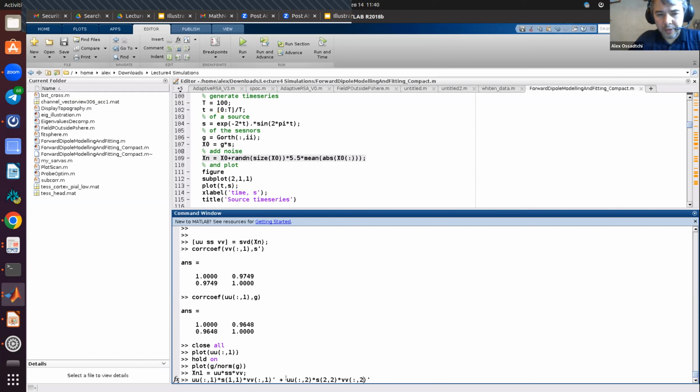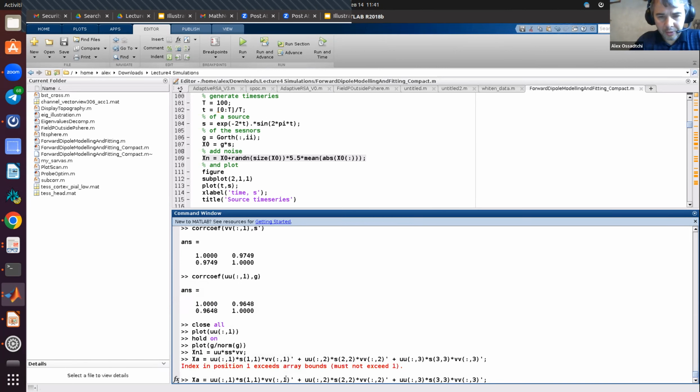So here, and then plus 3 and etc. Okay, until the rank, until 101, until the smallest value of the number of rows and columns, right? Okay, so let's call it x approximate. You will see why I call it x approximate. Of course, I called it SS, not to confuse it with the source time series.